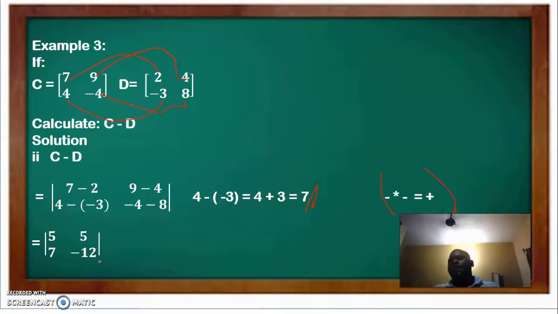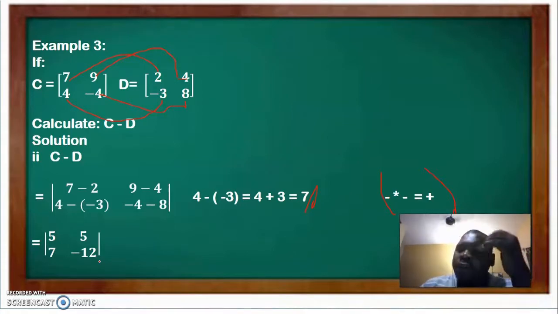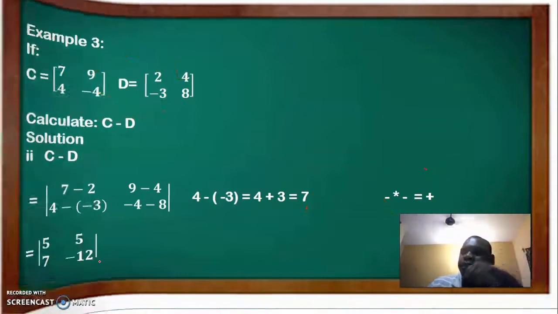Shola is owing Taye 4 naira, and is also owing Tunde 8 naira. So definitely Shola is owing 12 naira. That's why it's minus 12. So minus 4 minus 8 is minus 12.